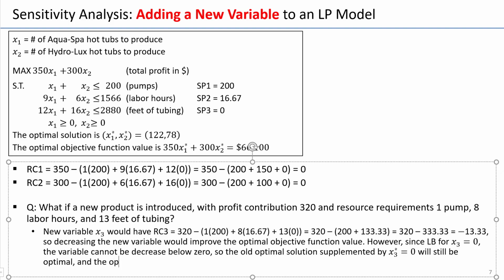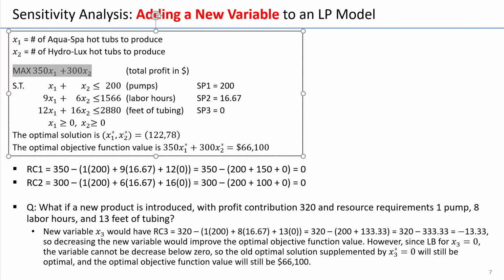And the optimal objective function value will still be 66,100, right? So this is, of course, the case where the reduced cost in the maximization problem is negative.